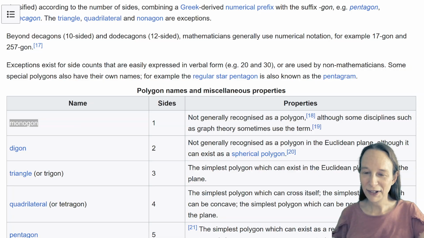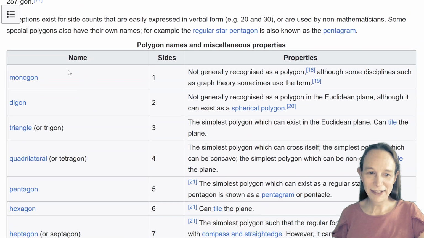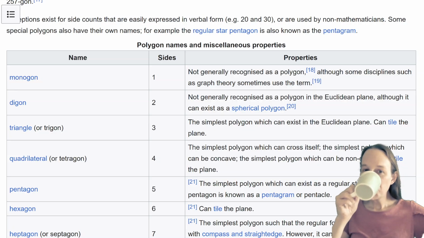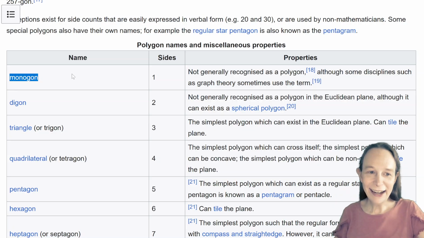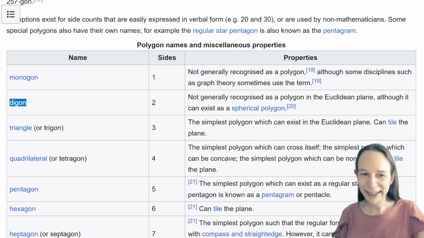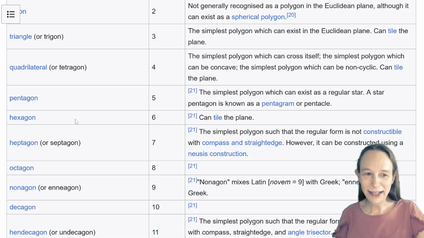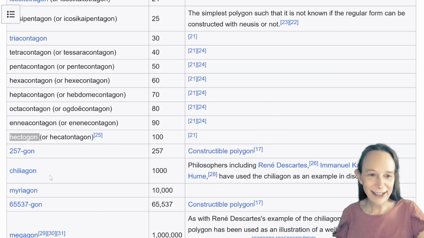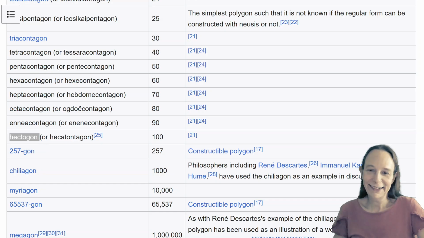Monogon. What's a monogon? Yeah, I don't know. Maybe it's possible in some more abstract geometries. So 一角形 or 一边形, 二角形, 三角形, 四角形, 五角形, 六角形, 七角形, etc. Is it here? 100. Hectagon. Oh, all right.